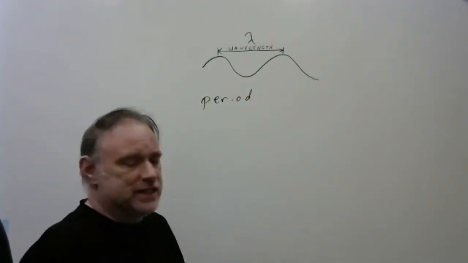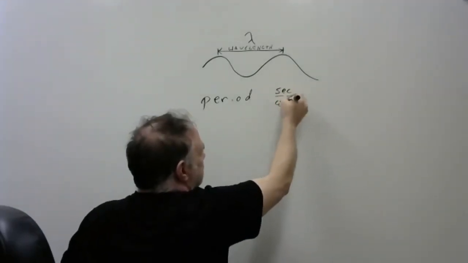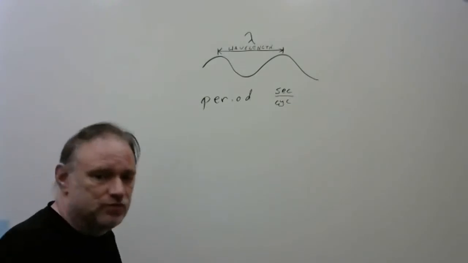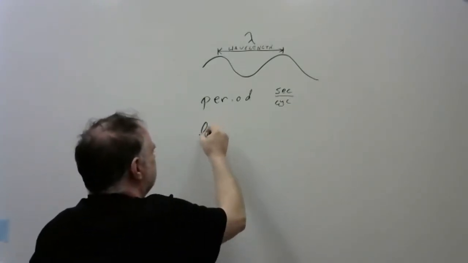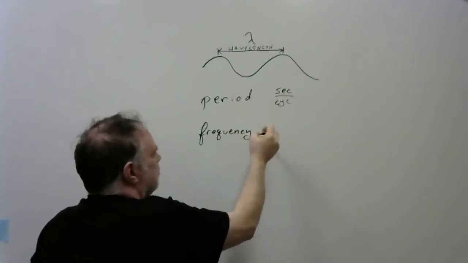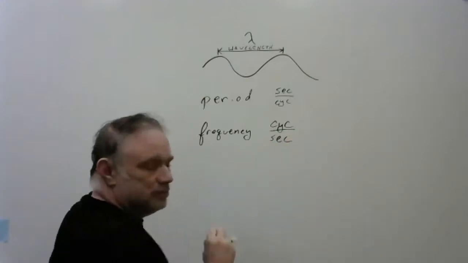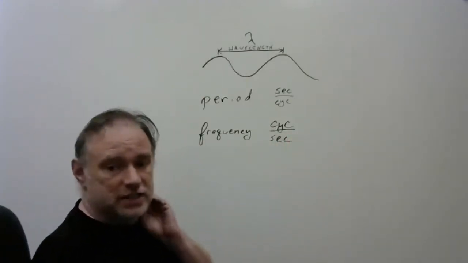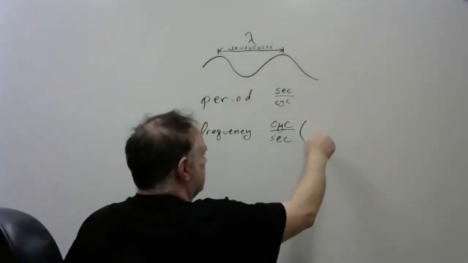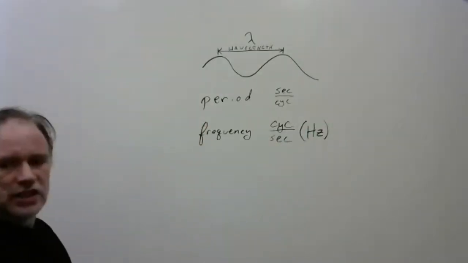Instead of the number of seconds per cycle, which is a period, we're going to talk about the frequency, which is the number of cycles per second. And this is measured in a special unit we call hertz. So if you've ever heard of hertz, that's frequency.